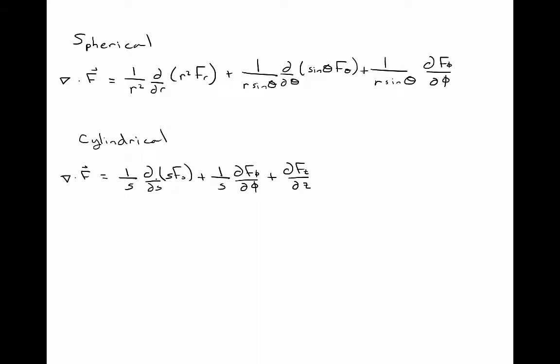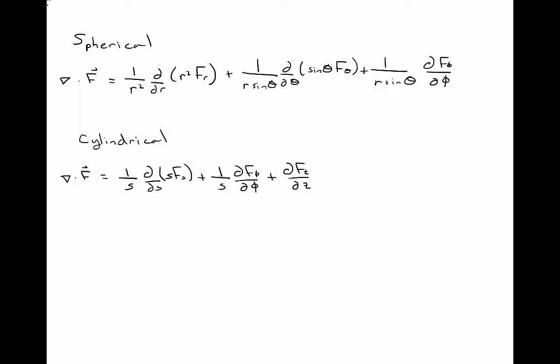So we have the derivative with respect to s, there's the s component. We have the derivative with respect to phi, there's the phi component. We have the derivative with respect to z, there's the z component. Notice the z part is unchanged because the unit vector is unchanged. But the s component and the phi component still have a little bit of extra stuff going on.